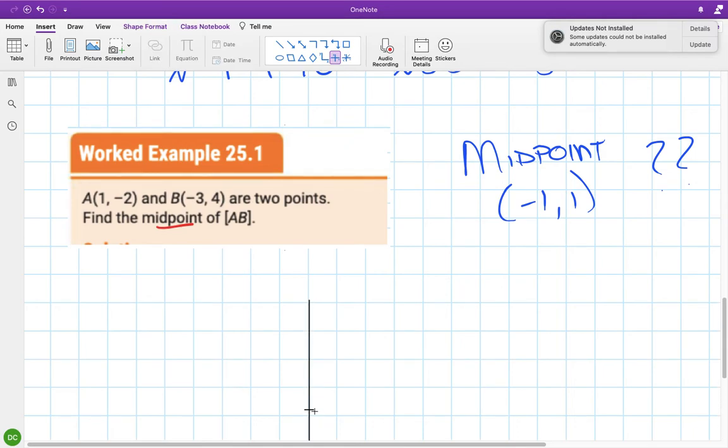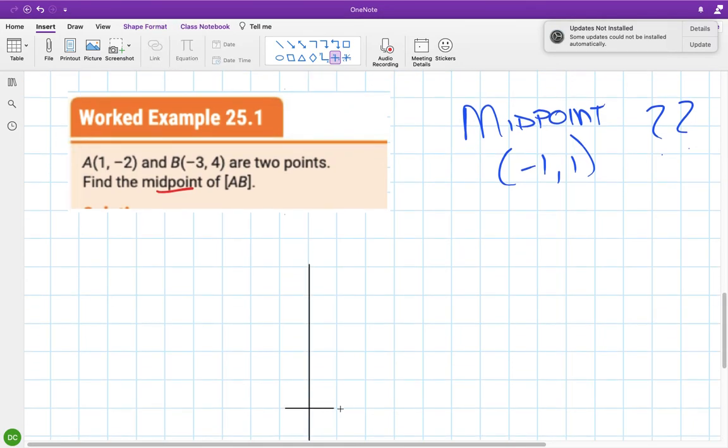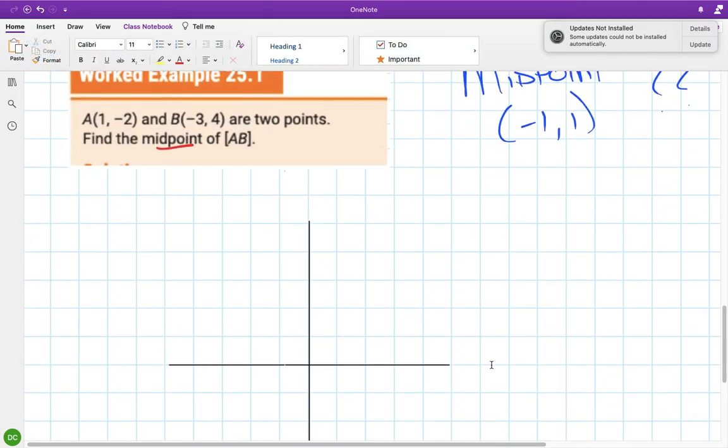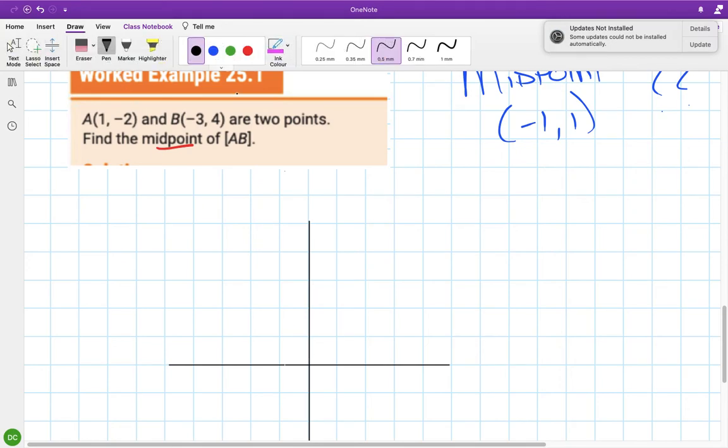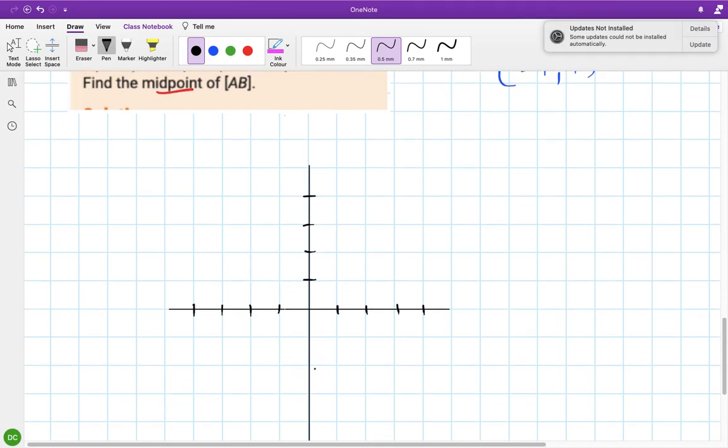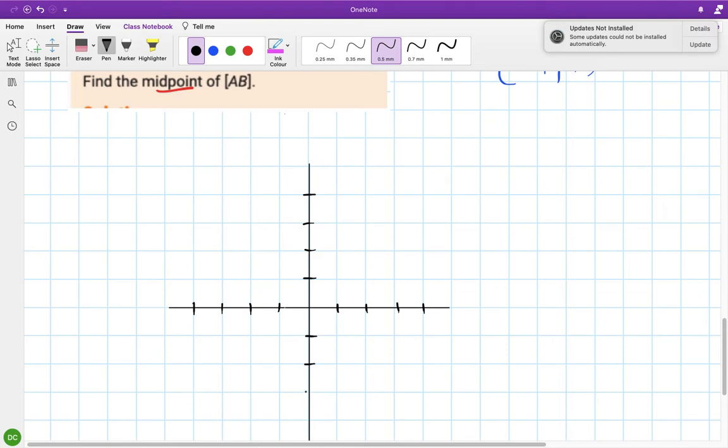This time, if you have a look there, the biggest number is a 4. So we're going to go to 4 with everything. 1, 2, 3, 4, up, 1, 2, 3, 4, and 1, 2, 3, 4.